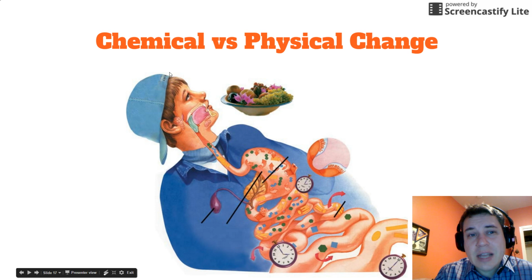Turns out that this is now going to be a chemical change. While you've made the bread smaller in your mouth by chewing, pretty quickly chemistry takes over. There's actually some enzymes in your mouth and in your stomach that are going to start breaking that bread down into chemically smaller things so that you can turn them into you. And so that right there is a chemical change. Digestion is a chemical change. You're not going to get bread back.